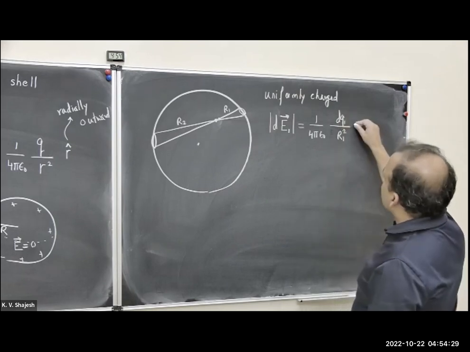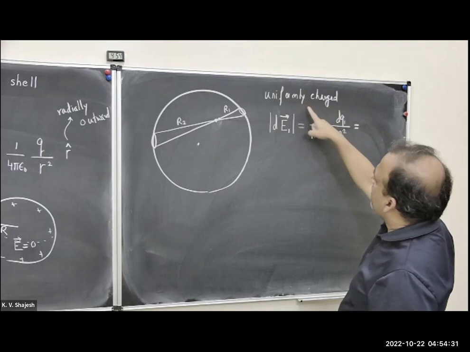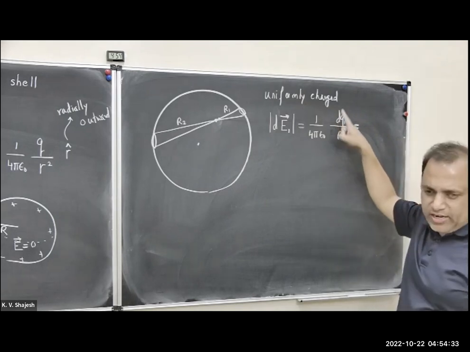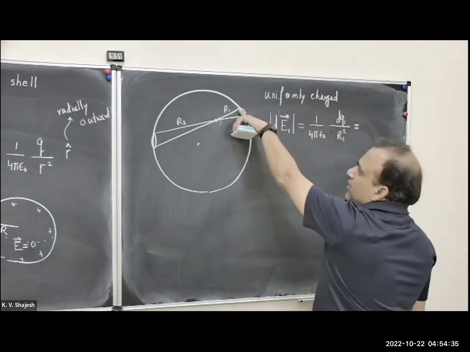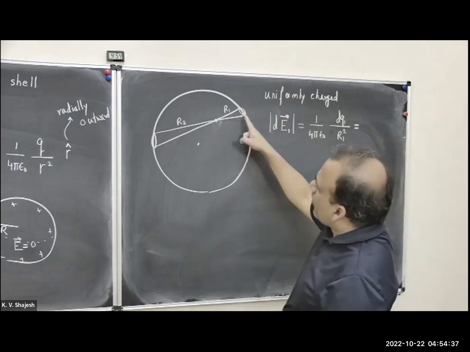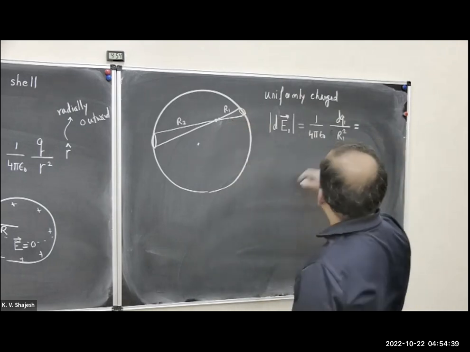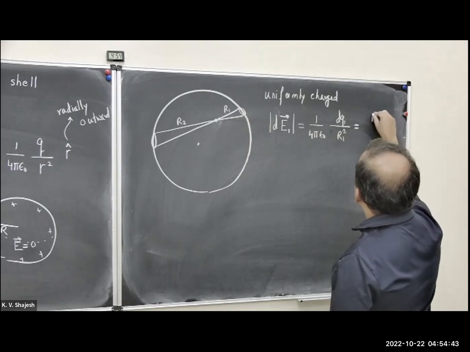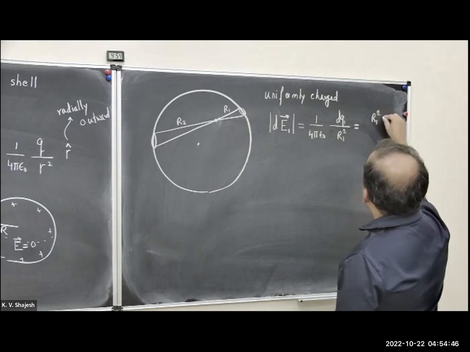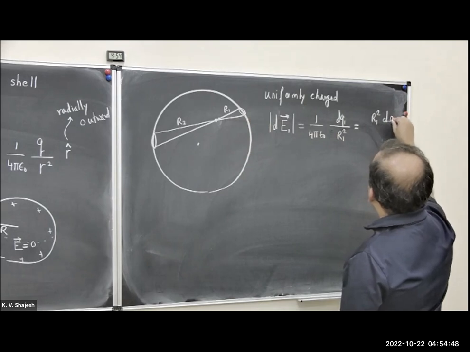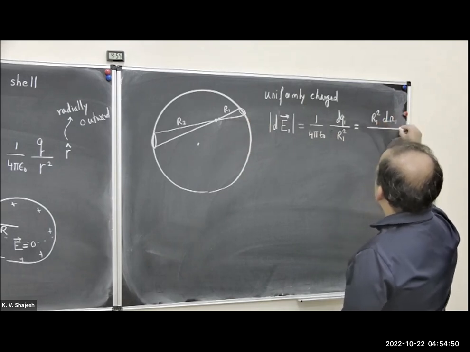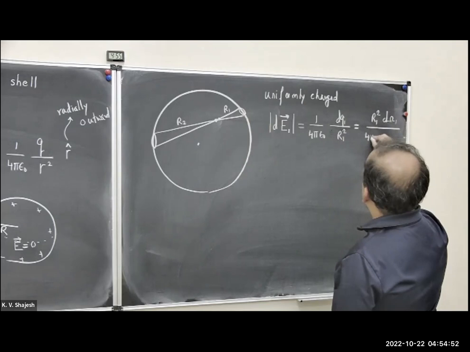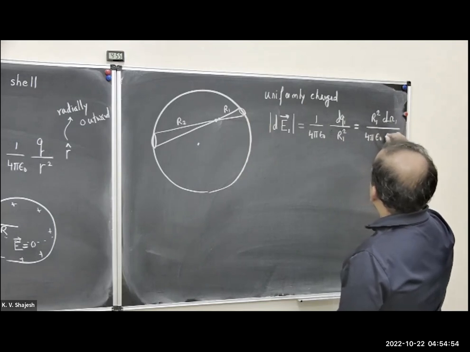And immediately you say that this is uniformly charged. So the amount of charge on that surface is the surface density times the area, which is R1 square times the solid angle d omega 1. That's the key piece in here. So dE1 is sigma 1 times R1 square times d omega 1, divided by 4 pi epsilon naught times R1 square.